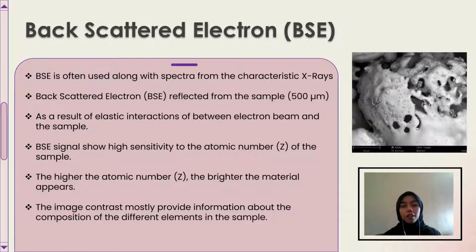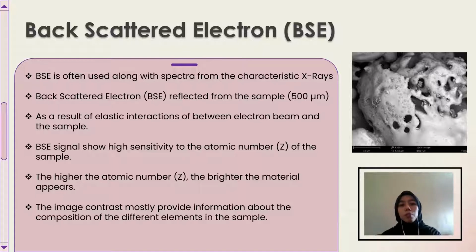Backscatter electron, BSE. BSE is the most preferable analysis in SEM, and it is often used along with spectra from characteristic X-ray. It is a result of elastic interaction between electron beam and the sample because it is reflected from the sample at a depth of 500 micrometers.